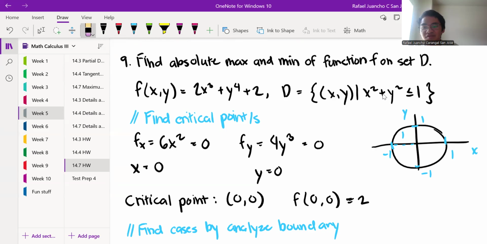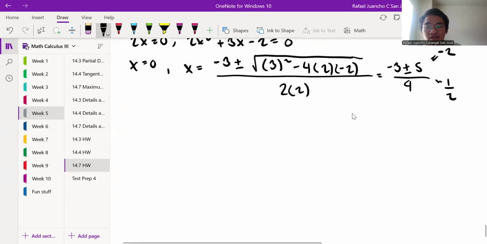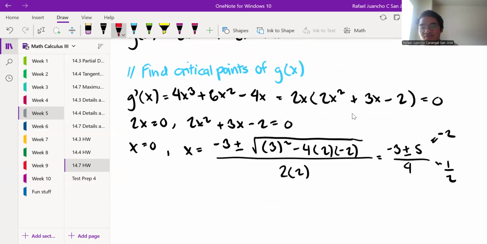And so if I get something beyond the scope of my domain, I immediately disregard it. So I actually just disregard the negative 2 here, because this is not in the domain. This one's in the domain, so I'm going to keep this. This one's also in the domain, so I'm going to keep this. So yes, I have x equals 0 and x equals 1/2.